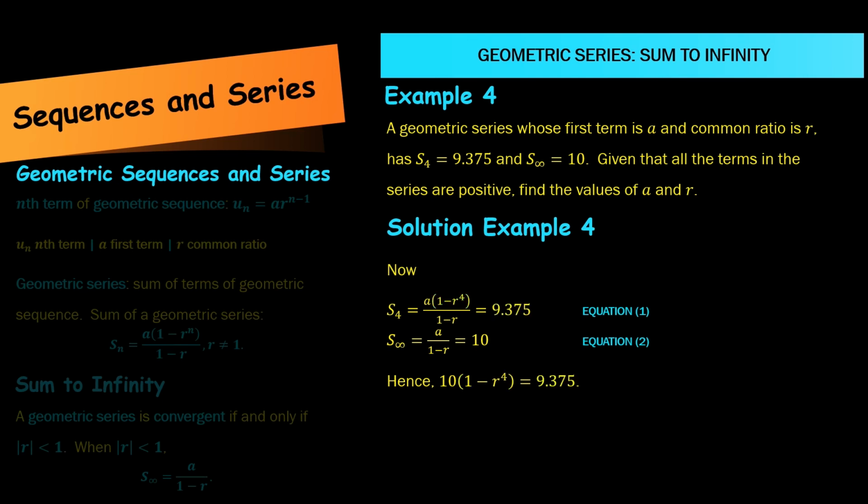We now have one equation and one unknown in it. So rearranging this gives us that r to the power 4 equals 0.0625. And hence r equals the fourth root of 0.0625, which is equal to plus or minus 0.5.